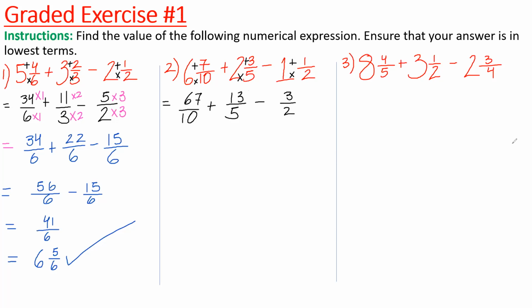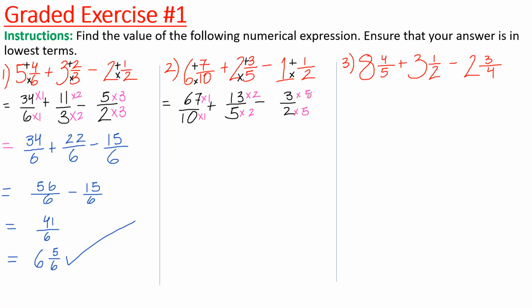Very good. And we're going to find the LCM of 10, 5, and 2, which is 10. We're going to say 67 times 1 and 10 times 1, 13 times 2 and 5 times 2, and 3 times 5 and 2 times 5.